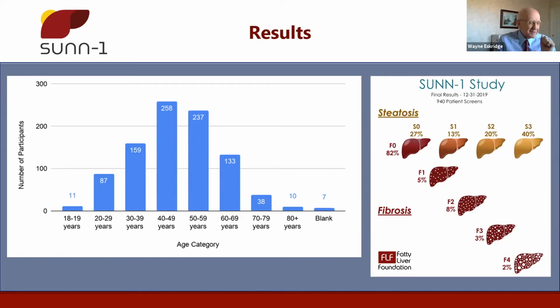But when we did our screening, and this was volunteers, what we found was that most of the people coming in to be tested were in their 40s. We don't think of liver disease as a young person's disease. We don't think of it as people who are in their child rearing years. But in fact, that's really what we found.